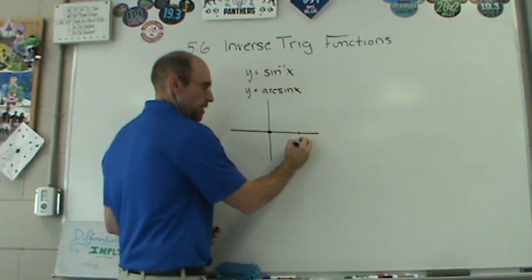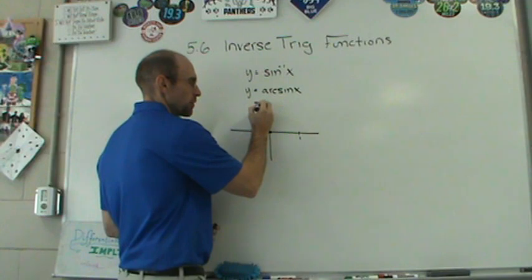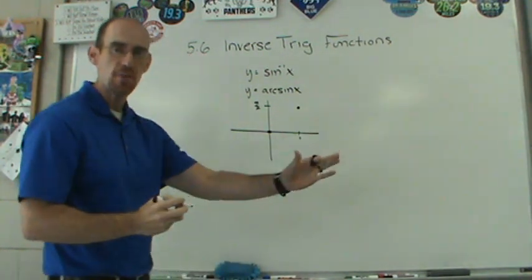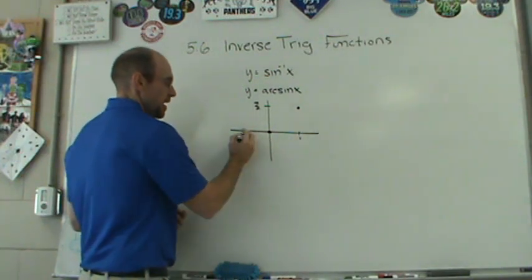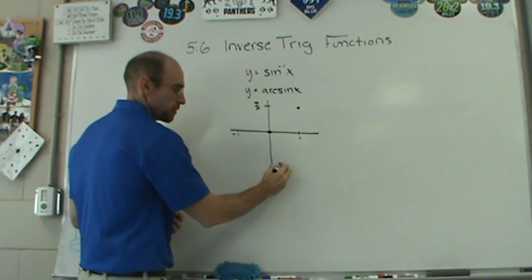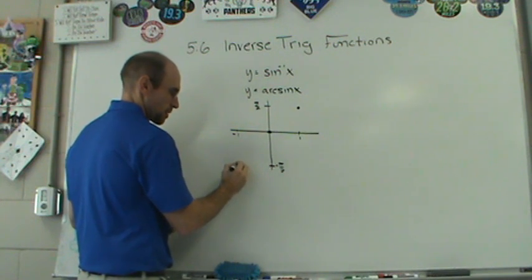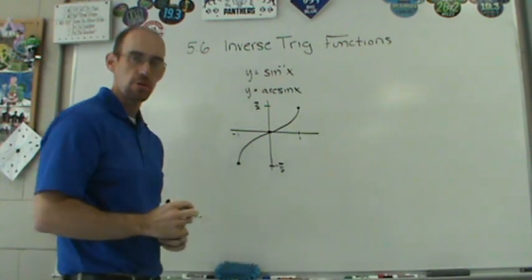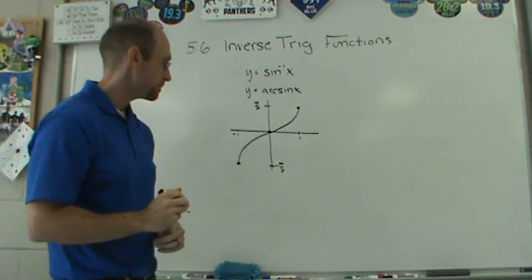Well, let's flip that. It'd be 1 and then pi over 2 on the y-axis. Now we're not going to keep going to the right. We're actually going to move back and think about negative 1. Well, that would come from doing negative pi over 2. So we have our points. This is going to come down like that, and there's our graph for inverse sine.